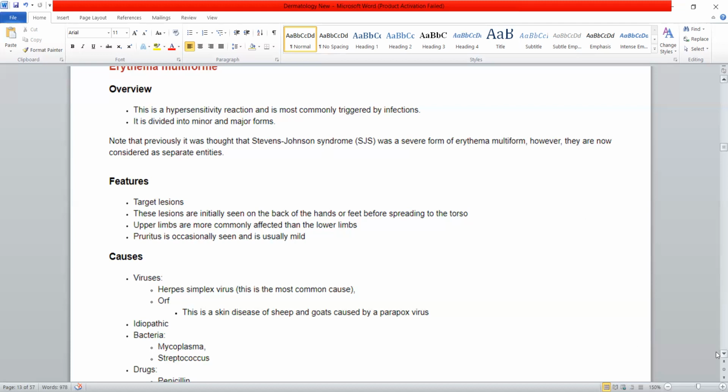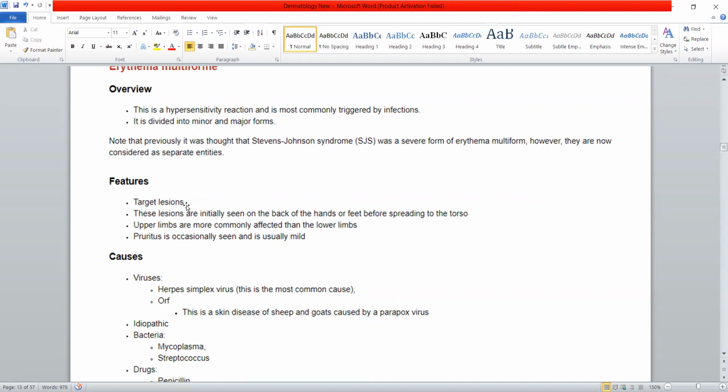What are the features of erythema multiforme? The feature of erythema multiforme is that there will be target lesions. In PLAB 1, you need to remember two diseases that are associated with target lesions. One is erythema multiforme, and the second is erythema migrans.